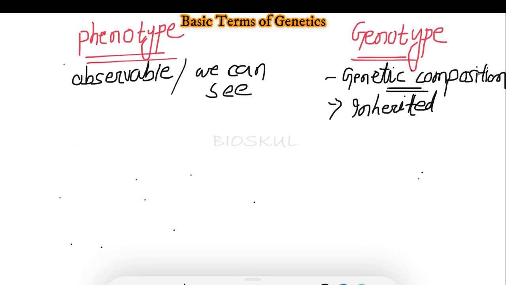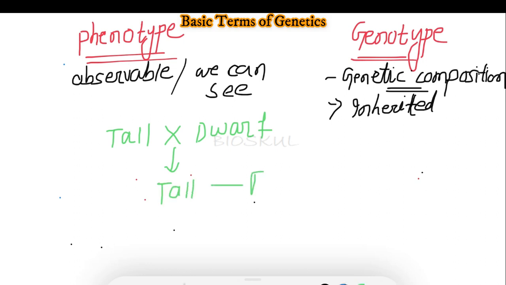So we can understand this by taking the example of the Mendelian monohybrid cross. In the Mendelian monohybrid cross, Mendel first took a tall plant and crossed it with a dwarf plant. Then in the F1 generation, he observed all the plants are tall. Then he crossed the F1 plant with a similar type of tall plant. Then what did he observe?